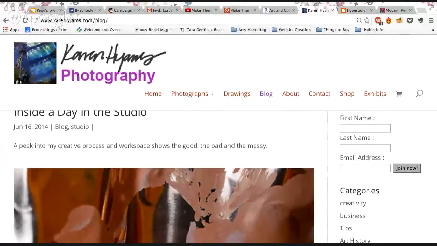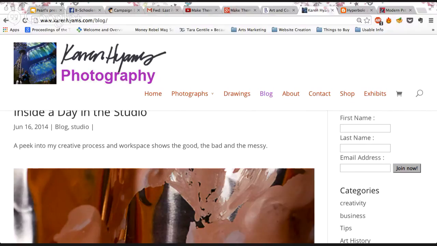This is KarenHyams.com, and this is the photographer I was talking about who makes these constructions out of materials that she then photographs. As part of her process, she creates the constructions, she photographs them, and then she throws out the construction and is left with the beautiful photograph.